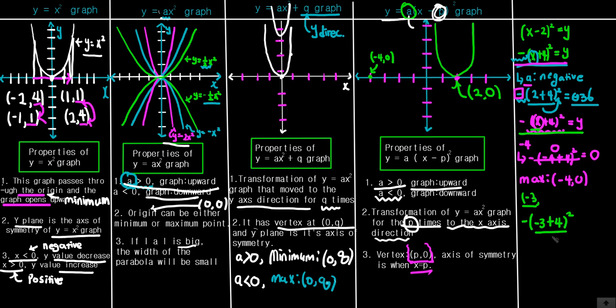Negative 3 plus 4 is positive 1, and squared it is still positive 1, but we have the negative, so it turns into negative 1. So when the x value is negative 3, the y value is also negative 1. If you graph it, it will be right over here, at the point (negative 3, negative 1).